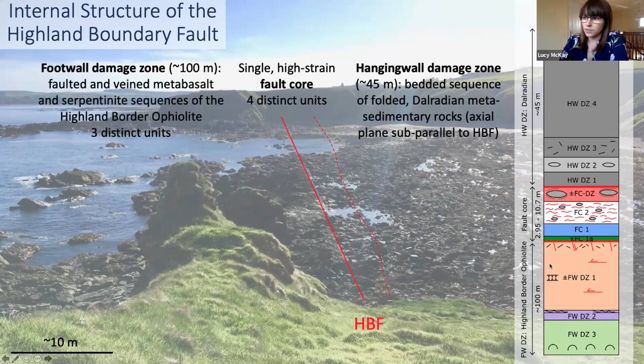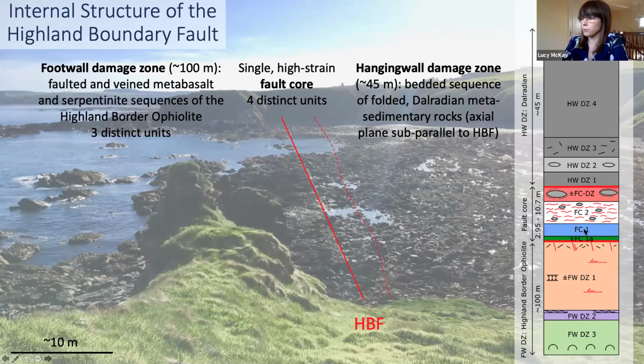At all localities, it consists of a single fault core bound by these damaged zones of distinct terrains. And this log on the right just shows the sequence of fault rocks. In the south, you've got the Highland border ophiolite, which is subdivided into 3 different units.